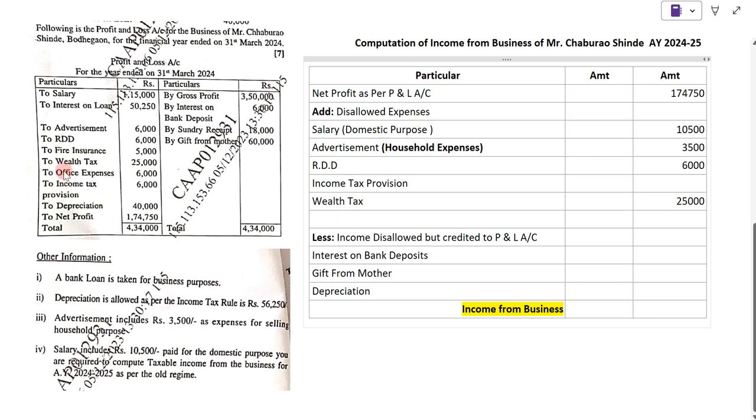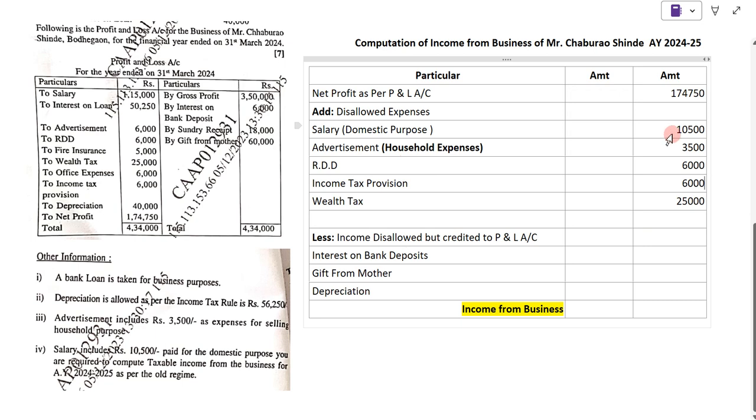Office expense is related to business. Income tax provision is related to personal, so 6,000 is disallowed expenses. Now depreciation, we have an adjustment, we'll solve it later.